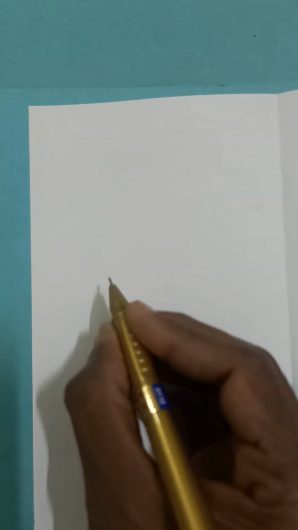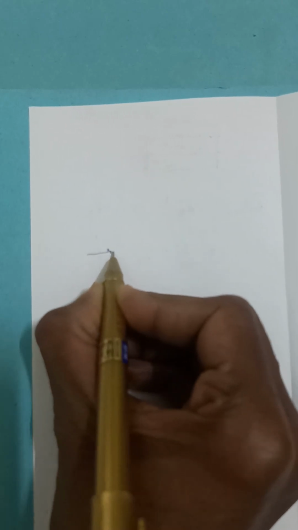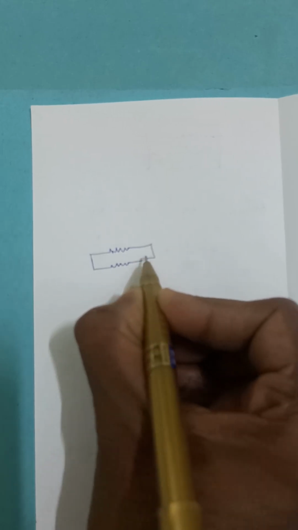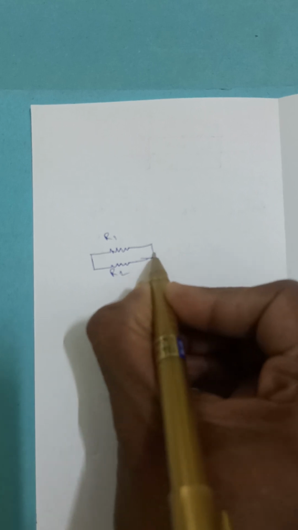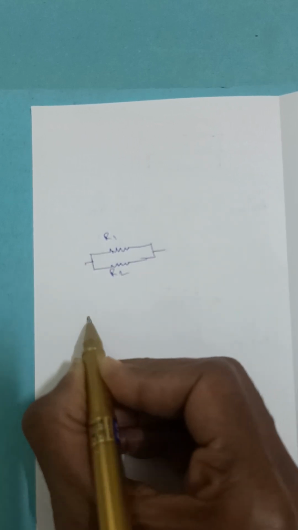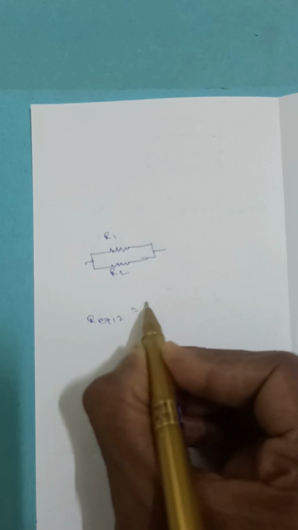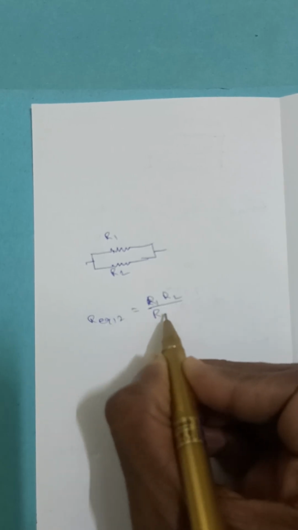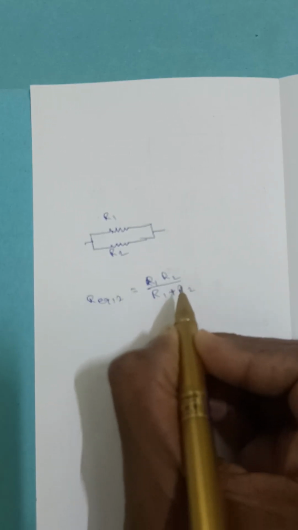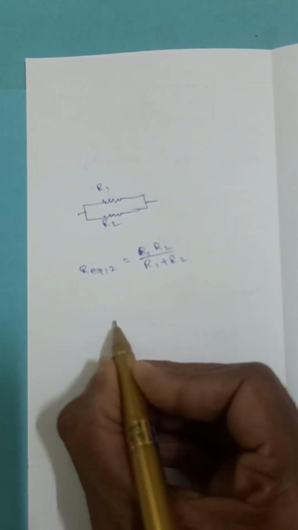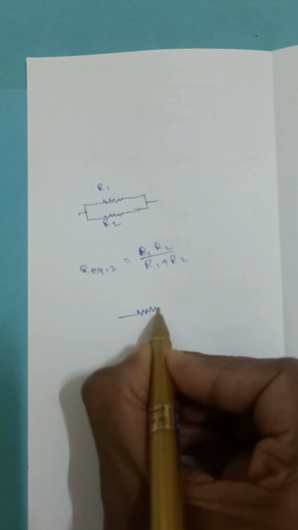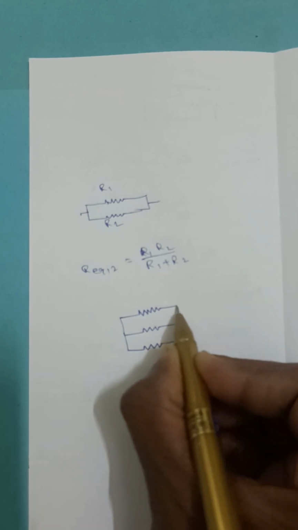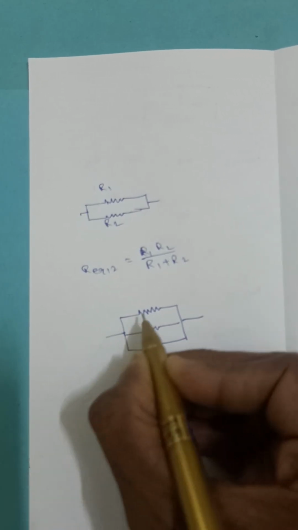So I will explain as a summary. So see here, two resistances R1 R2 are parallel. So R equivalent 1 2 is equal to R1 R2 by R1 plus R2. Next, these three resistances, R3 R4 R5, are parallel.